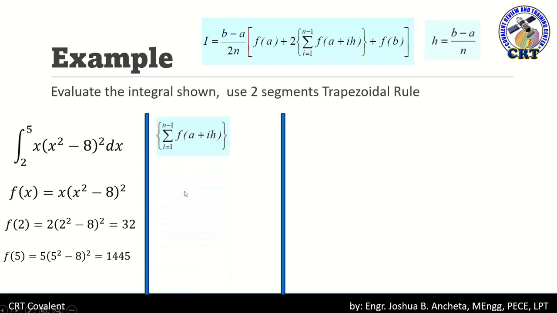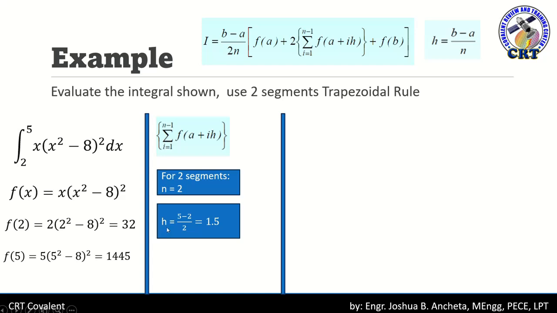The next thing to do is to identify this portion of the formula, the summation of f(a plus ih), limits from i equals 1 up to n minus 1. For two segments, n is equivalent to 2. Therefore, evaluating this summation, it will just give one value.